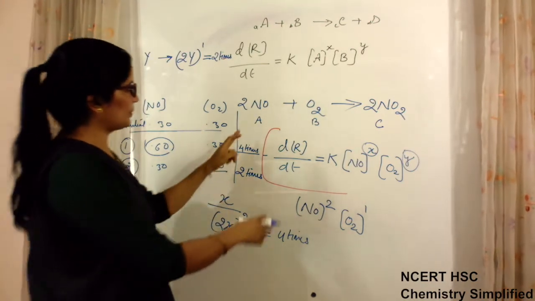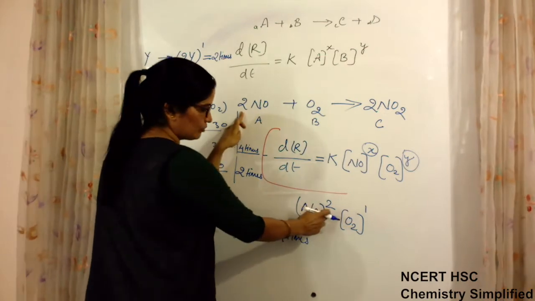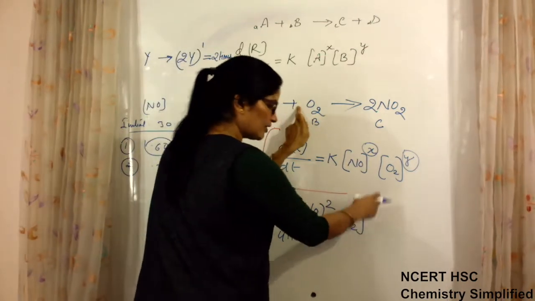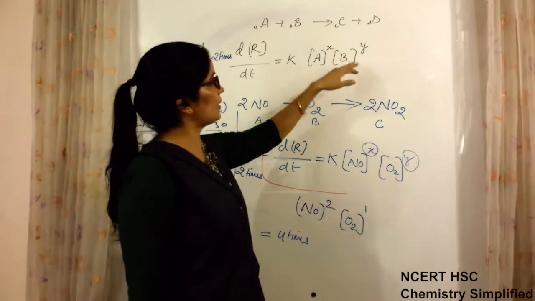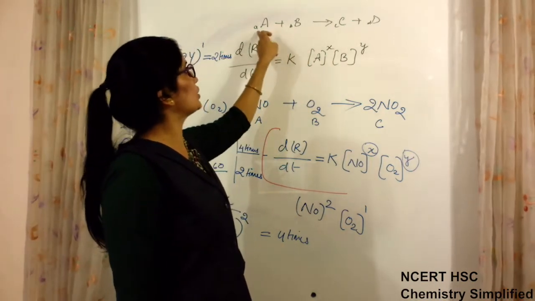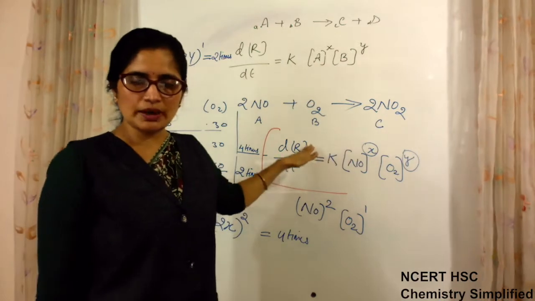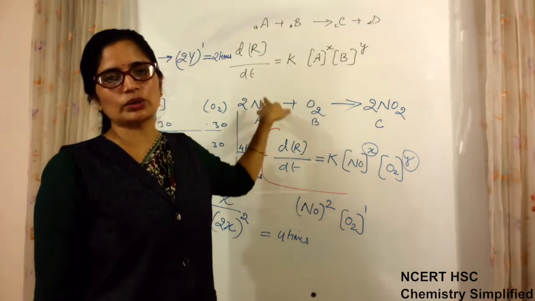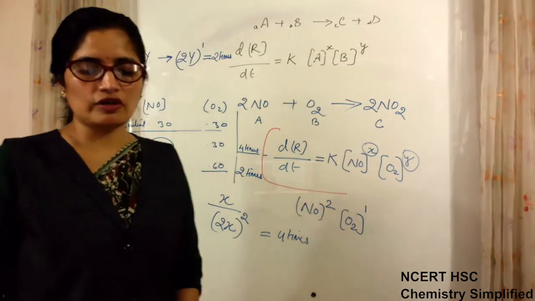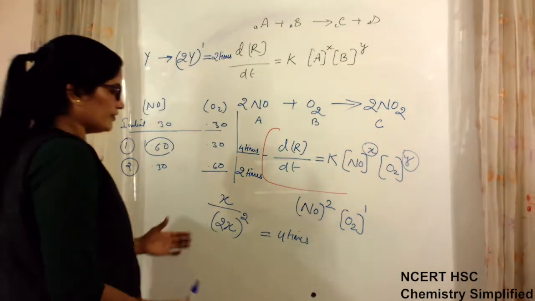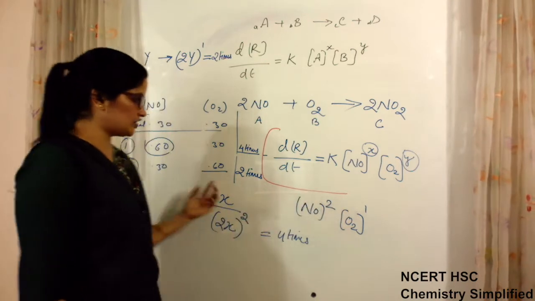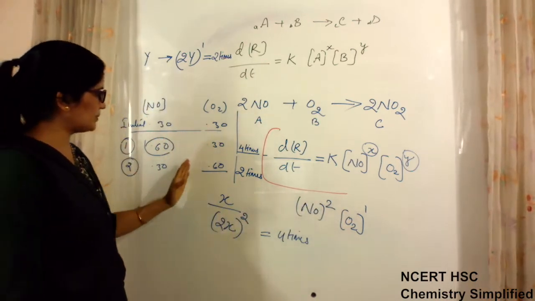By chance it happened that NO is 2 here and it came 2 here, O2 is 1 here and it came 1 here also. So I told you that x and y may or may not be equal to a and b. In this particular case they are equal to a and b, but not always will they be equal.